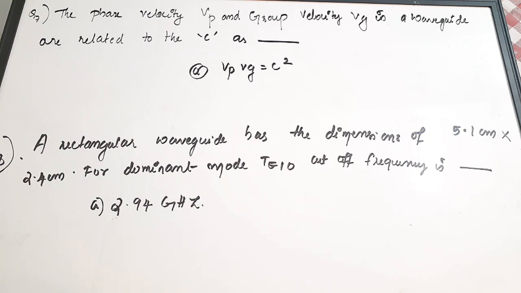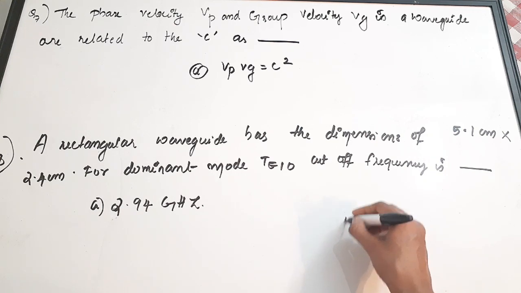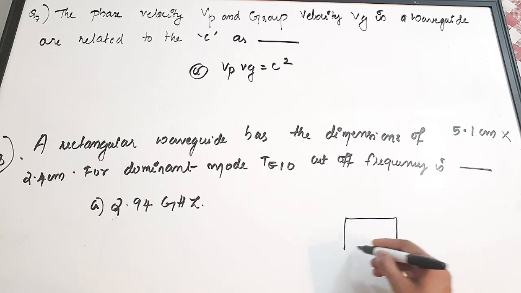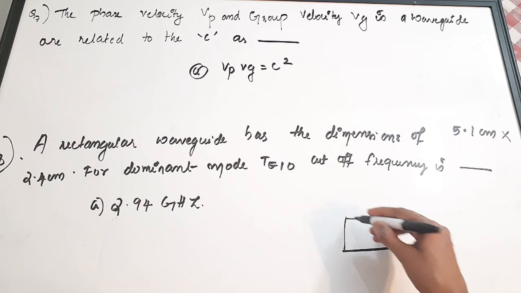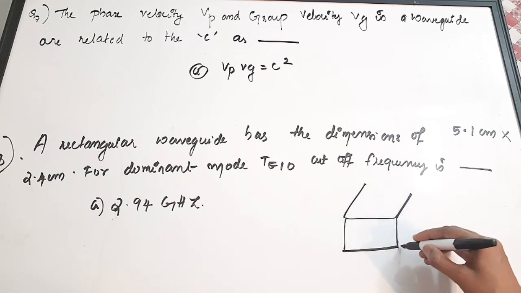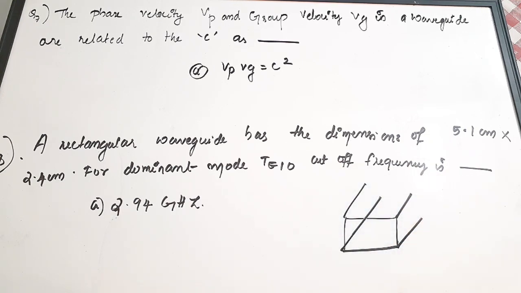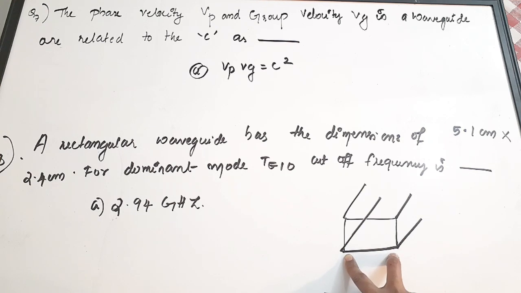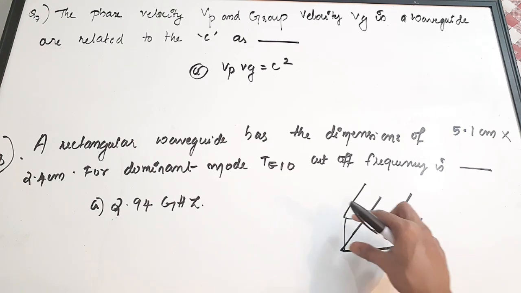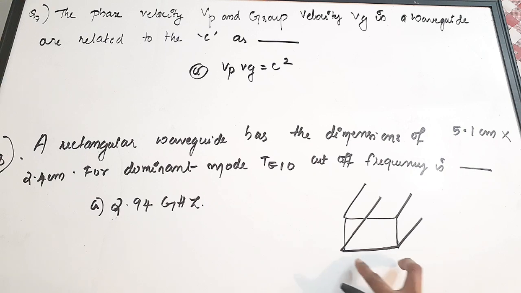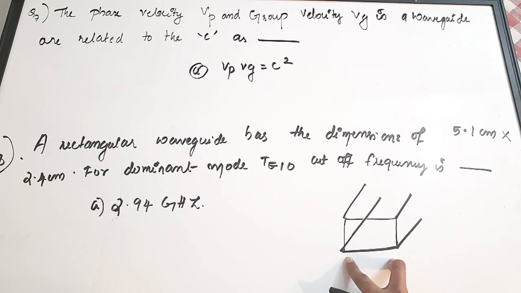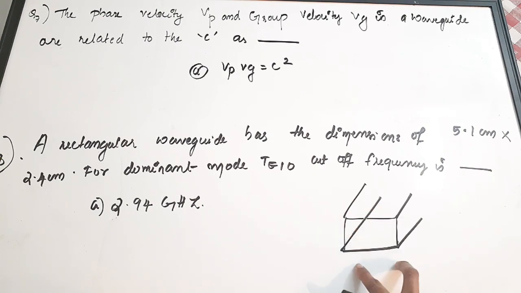The question is, a rectangular waveguide has a dimension of 5.1 centimeter into 2.4 centimeter. When a question shows data like this and it is related to the rectangular waveguide, you know that for a rectangle there is a wider dimension and a narrow dimension. This wider dimension is the width, this is the breadth.